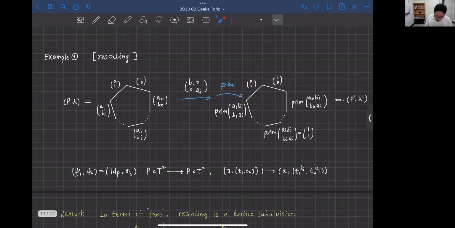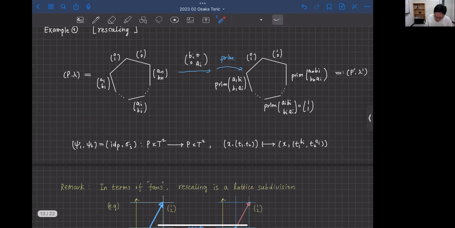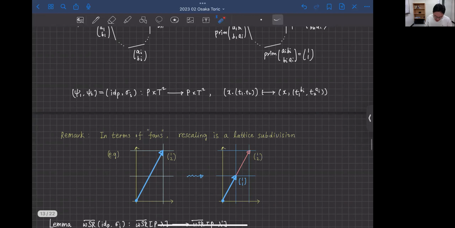If you are familiar with the language of fans, then this rescaling morphism corresponds to some sort of lattice subdivision. For instance, if you have the vector 1, 2 in a standard lattice, we can think of a certain subdivision of this lattice, like subdividing here in the middle.